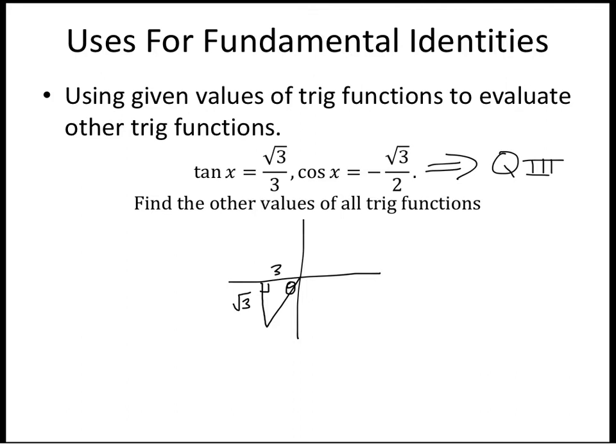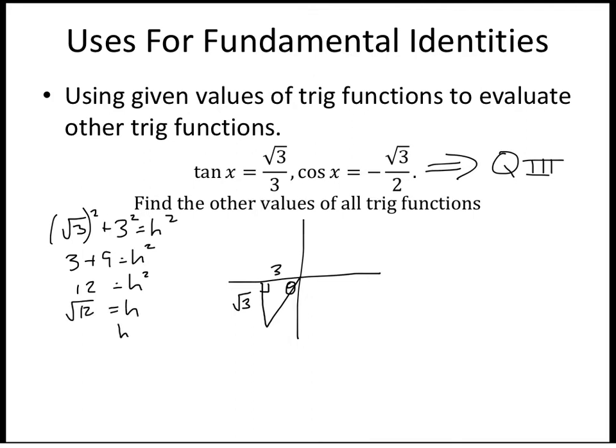Now, we know these are negative directions because we're in quadrant 3, but let's use the Pythagorean theorem to find my hypotenuse here. So we have square root of 3 squared plus 3 squared should equal my hypotenuse squared. So that's 3 plus 9 is my hypotenuse squared. So my hypotenuse squared is 12. So h is going to be the square root of 12, which reduces down to 2 radical 3.